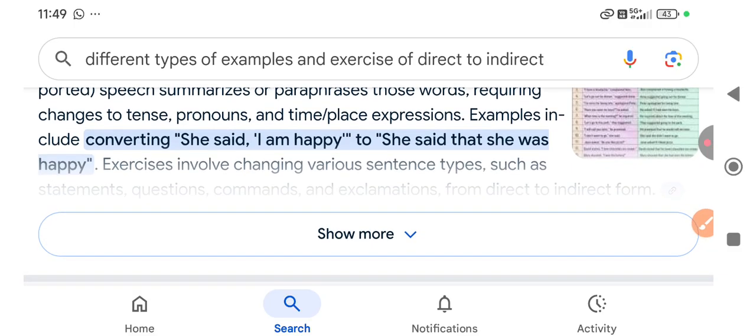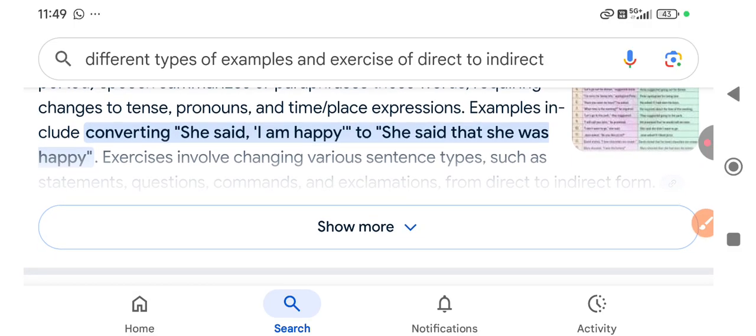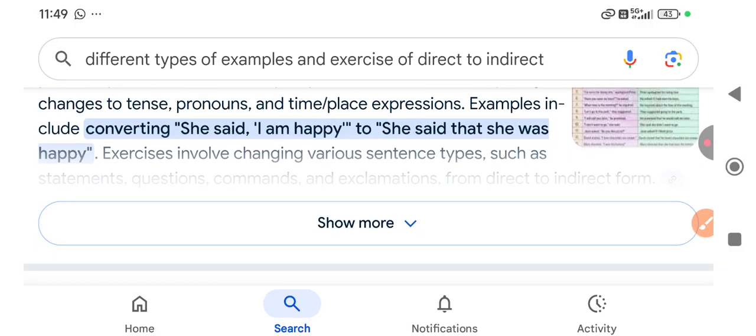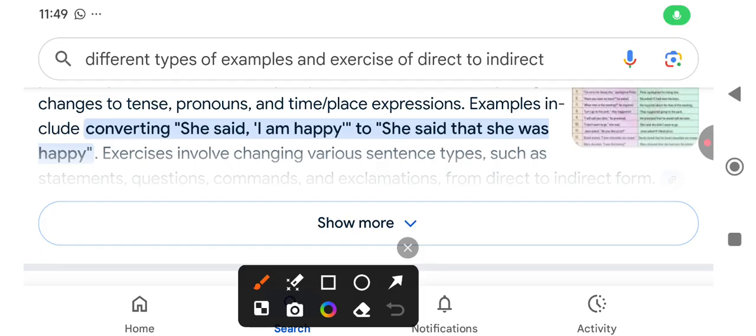Examples include converting, like, she said, I am happy, to she said that she was happy. So what are the changes here? First of all, removal of the comma and inverted commas.